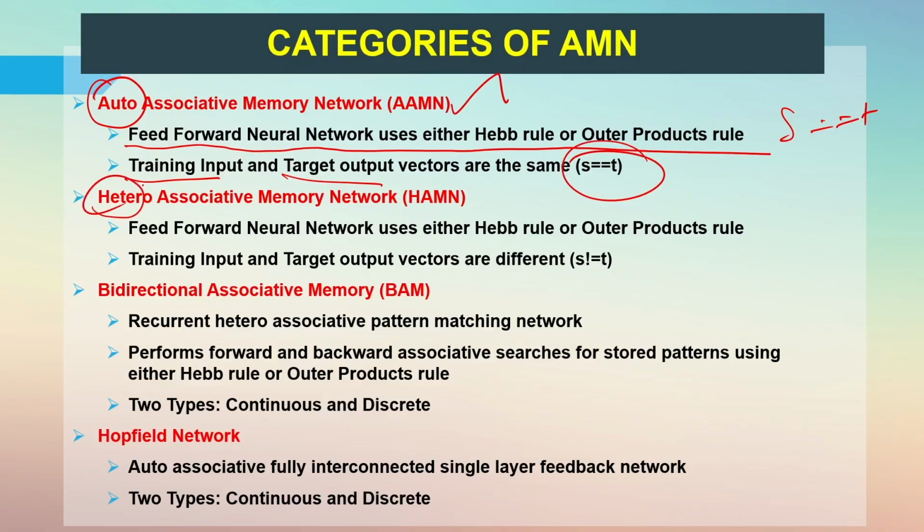Now coming to the next network, that is the hetero-associative network. Here this network is also going to use a feed forward neural network, either by means of Hebb rule or by means of outer product rule. But here S is not equal to T. So this you should remember, S is not equal to T. So in this case what you have to think about is the hetero.